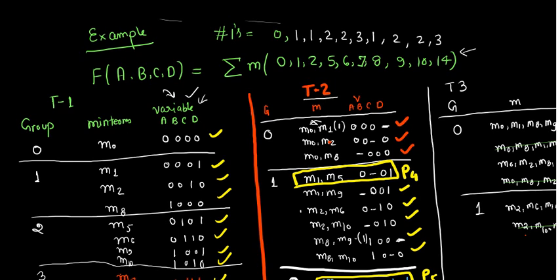Here you can see M2 minus 0, 2, second place. M8 minus 0, 8, 2 to the power 3. You could convert it to 2 to the power, right? 2 to the power 0, 2 to the power 1, 2 to the power 2, 2 to the power 3. 0, 1, 2, 3, third place.